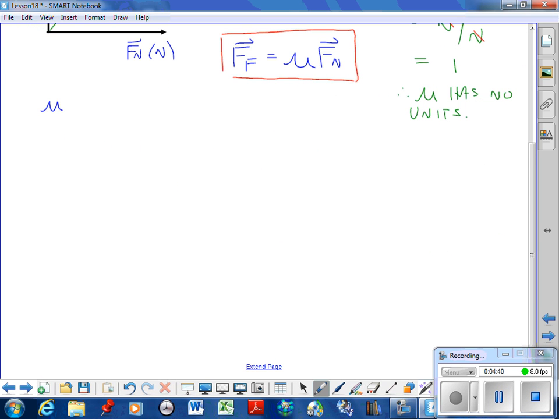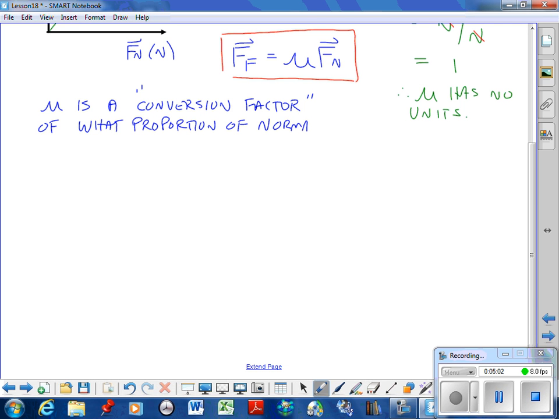So mu is a "conversion factor" of what proportion of normal force is being transferred to frictional force.